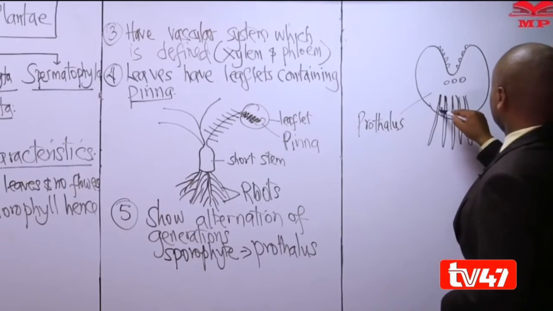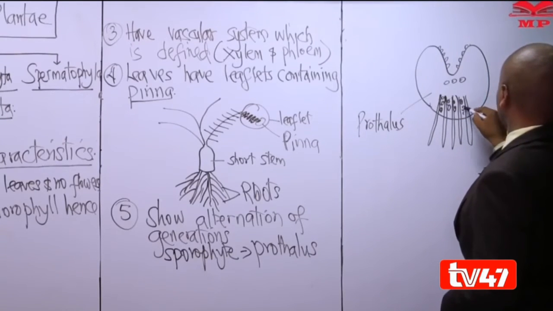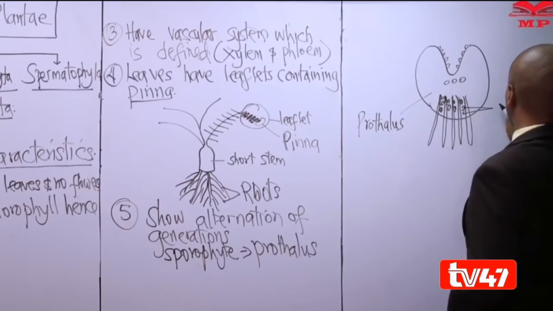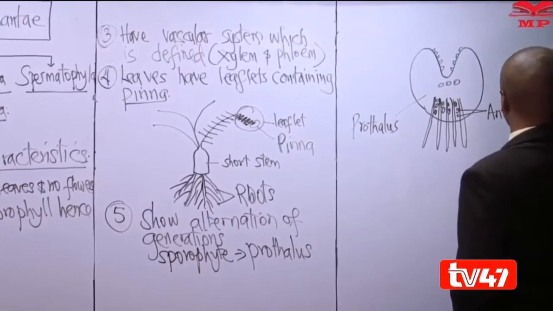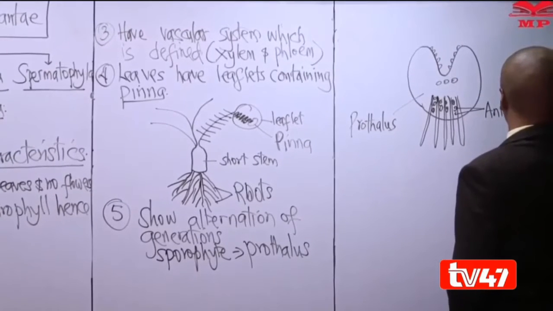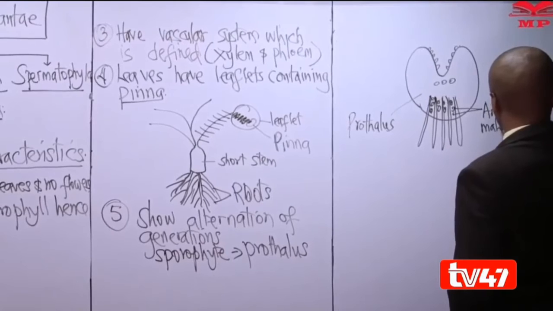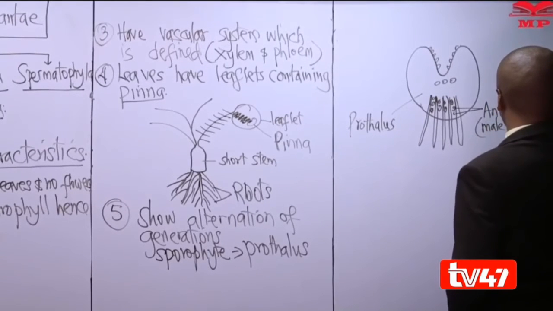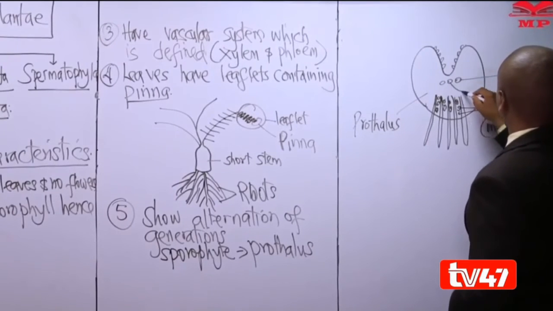Then inside here, we have the antheridia, which provides the male nucleus for fertilization. So this is the antheridia. Antheridia are many; antheridium is one. This is the male part. Then this one is the archegonia.